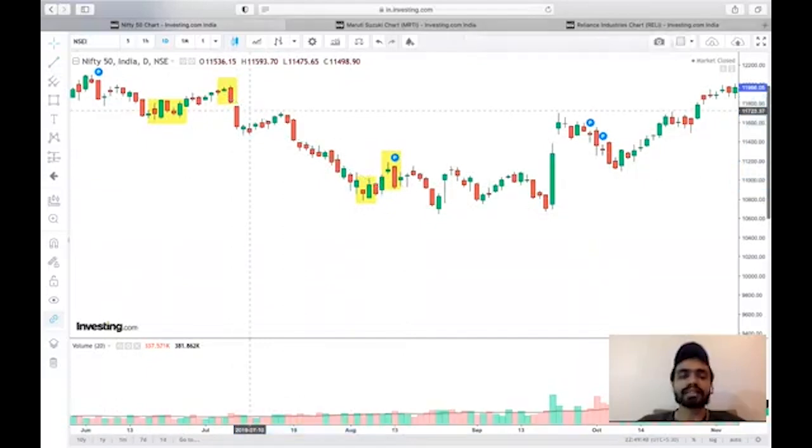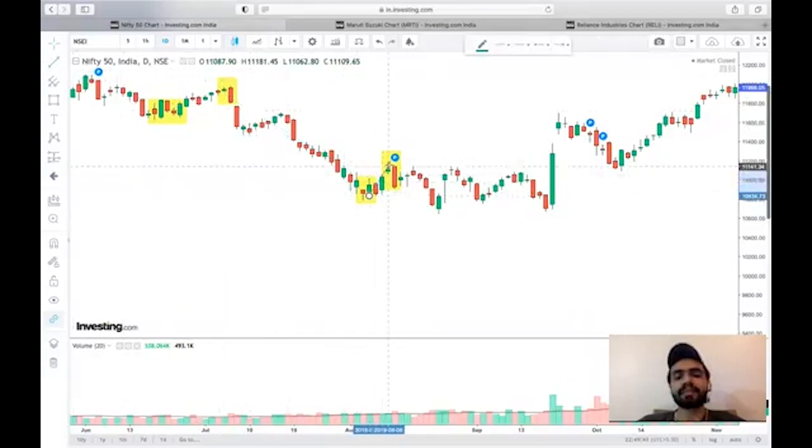But what I see is that just before the pattern, there was a brief upside movement. It is covering the points very well, about 200-300 points on the upside, which is very good. So that is why I will consider the first criteria as fulfilled.